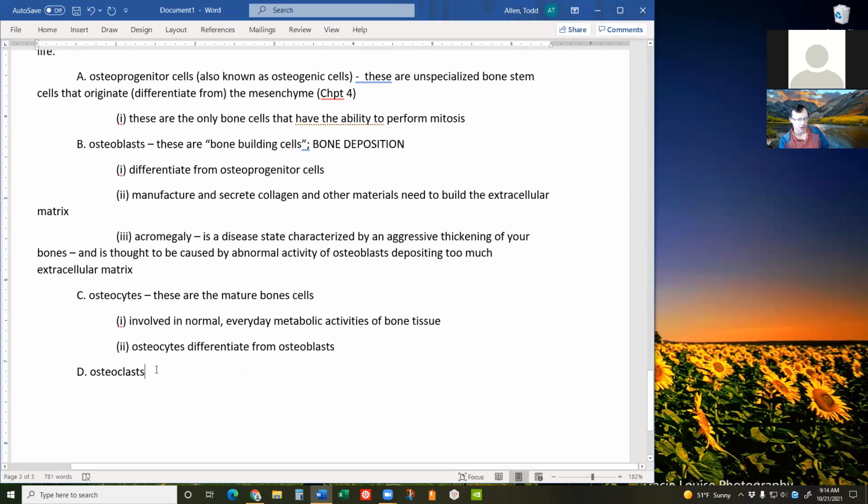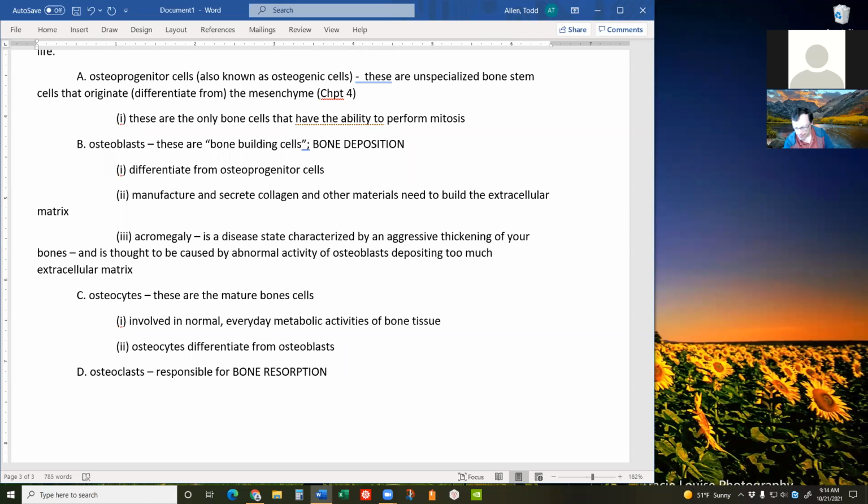Osteoclasts are responsible for bone resorption, which is dissolving the material, particularly the crystallized minerals of the extracellular matrix, and pumping those minerals into the bloodstream, because those minerals are needed by other organs and tissues to function correctly. Okay, so osteoclasts are responsible for bone resorption.